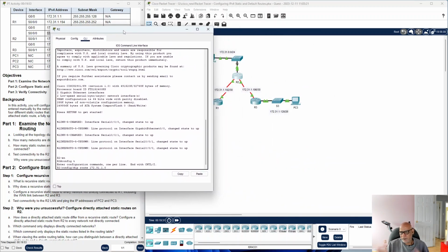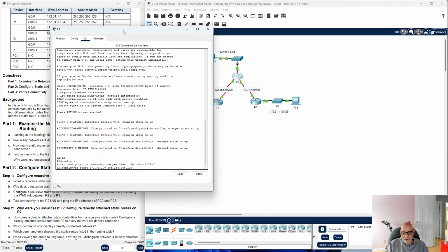If you want to know how to convert bits to decimal, you can use the calculator. You don't have to do it manually. So here it is 255.255.255.128.